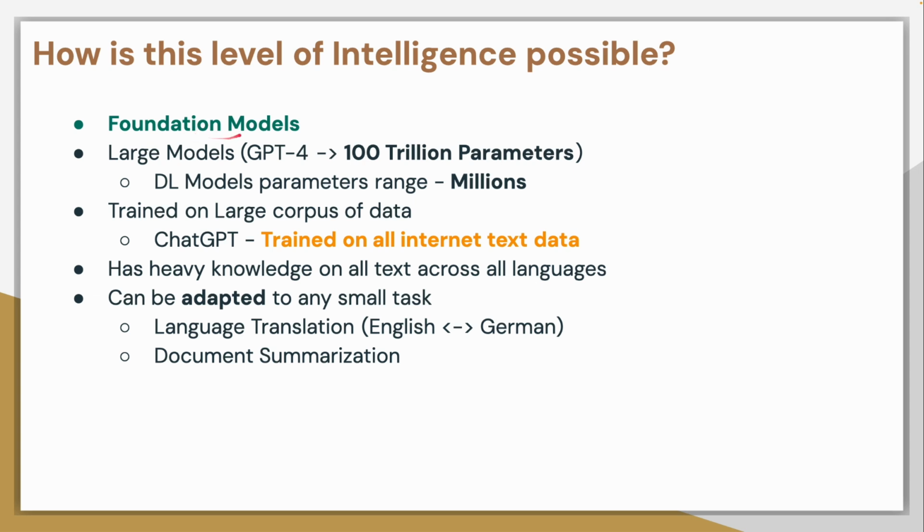The foundation models are trained on a huge amount of data, but it is all unsupervised because you can't annotate or label the whole internet data, right? So it is a way of unsupervised training or self-supervised training. We will discuss that in detail anyway. So you train the foundation models on the unsupervised dataset available, and then later you can use that model for adapting to any particular task.